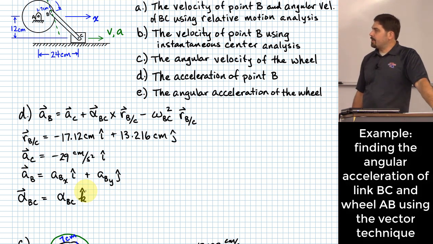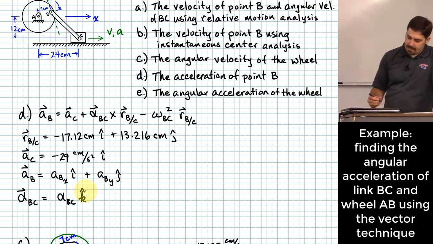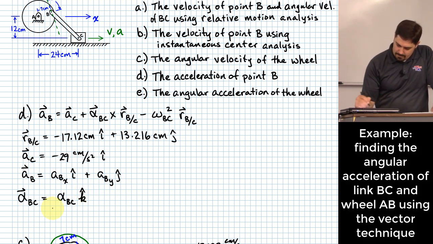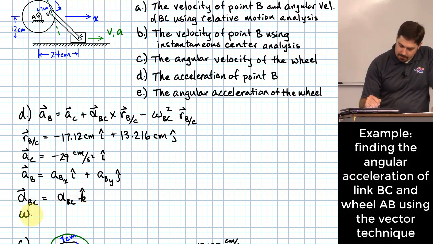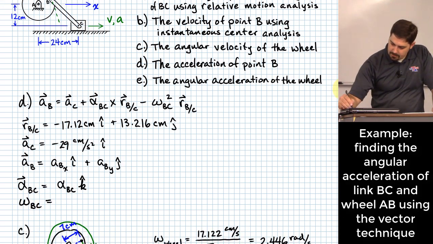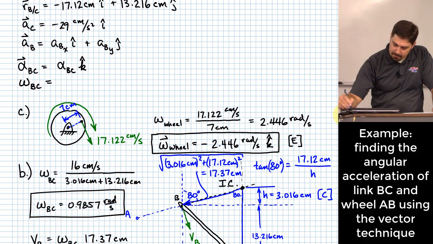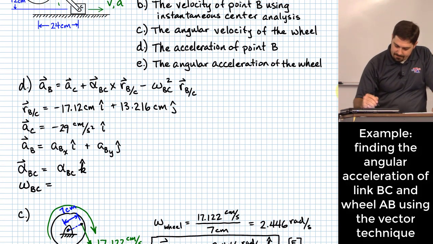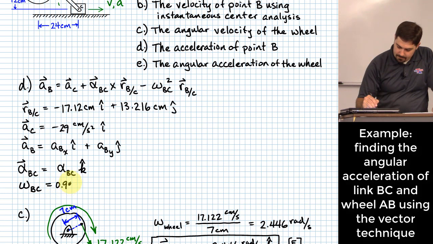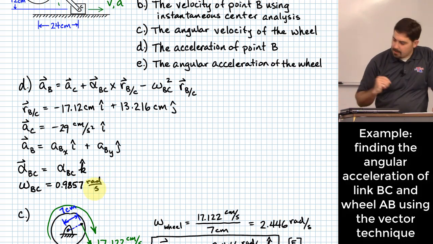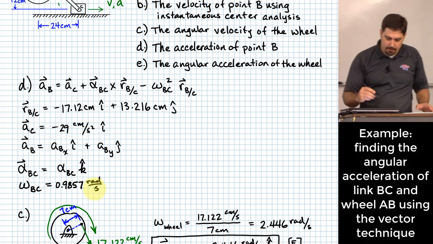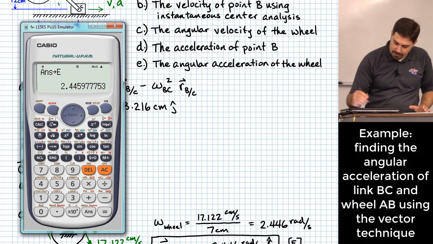And I think that actually covers everything, because what is omega BC? I guess I'll go ahead and put that in here more explicitly. Omega BC is, we calculated that in our previous step, 0.9857 radians per second. And I don't remember storing that into a variable, so let's take a moment and just do that real quick.